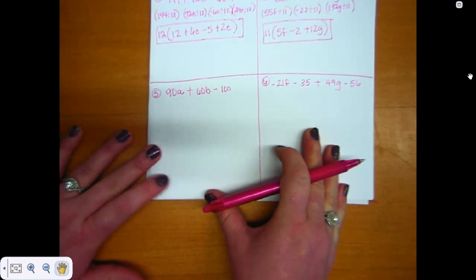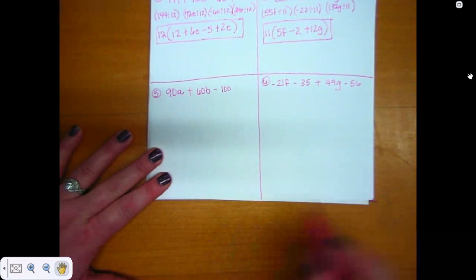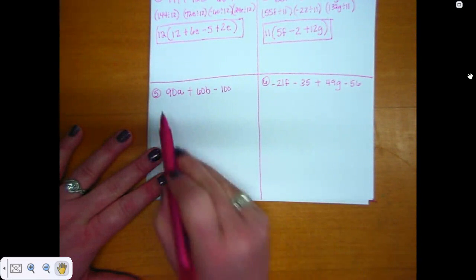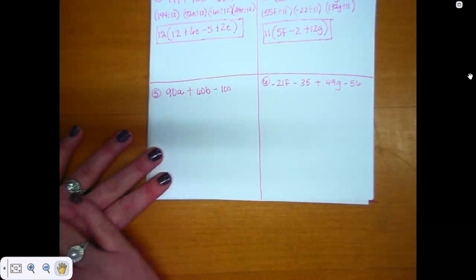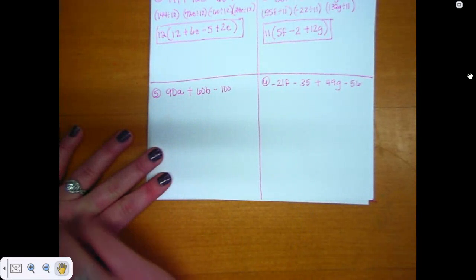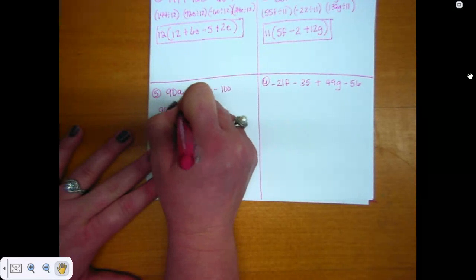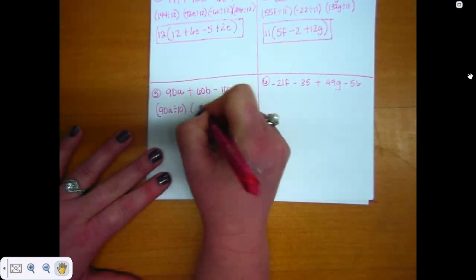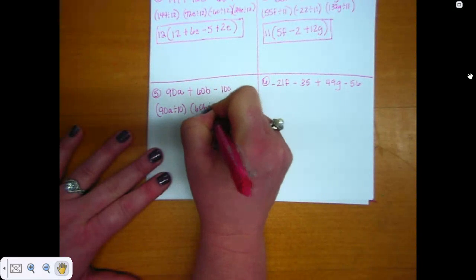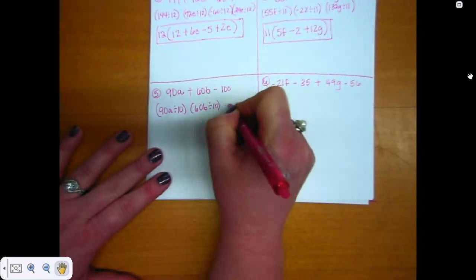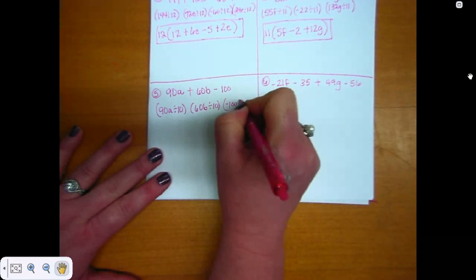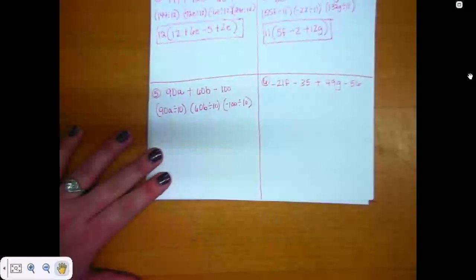Number 5, we have 90a plus 60b minus 100. I see that they all end in 0, so that means that 10 is a factor. So I'm going to do 90a divided by 10, 60b divided by 10, and negative 100 divided by 10.